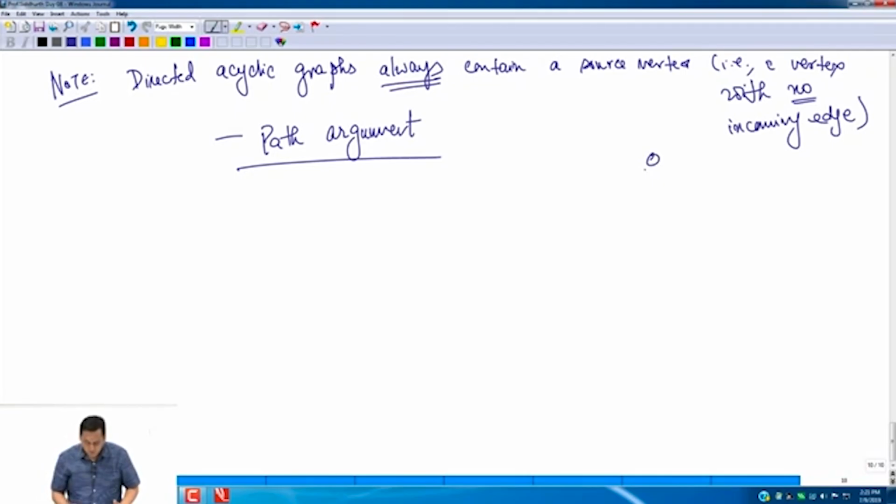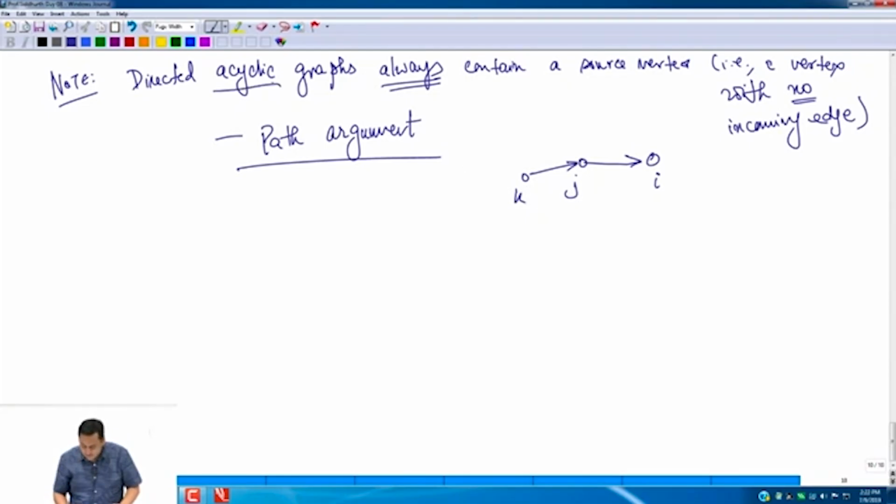But getting back to the point at hand, let me just repeat it one more time. The proof of this observation is that your graph is acyclic. So you start with any vertex I. If it's not a source vertex, i.e. there is an incoming edge, then you go to the vertex that's pointing to it. Right, you are now at a new vertex. You again keep following this path.